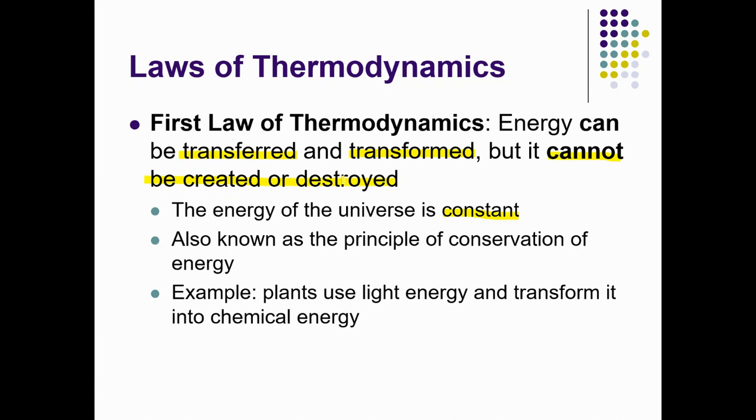It's just being transformed or transferred. A very common example of this is photosynthesis, where plants use light energy from the sun and convert it into chemical energy, which is food, like glucose. Another example would be cellular respiration, where we take chemical energy in the form of food and turn it into that chemical energy that we just saw called ATP.